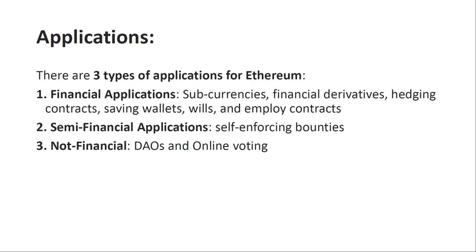Okay, so let's talk about some applications of Ethereum. Basically, there are 3 types of applications: financial applications like subcurrencies or financial derivatives, semi-financial applications, and non-financial applications, such as DAOs or online voting.